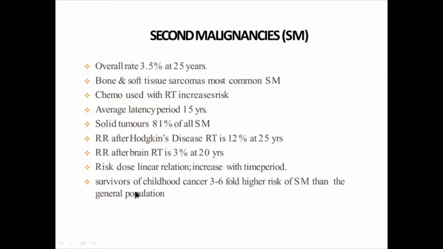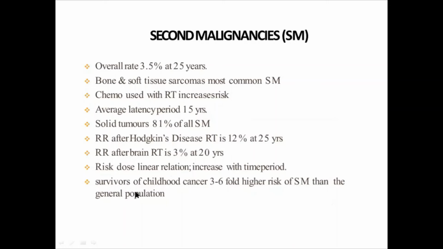Talking a bit about second malignancies, the overall rate is 3.5% at 25 years. Bone and soft tissue sarcomas are the most common secondary malignancies. Chemo used with RT increases the risk. The average latency period is 15 years. Solid tumors are 81% of all secondary malignancies.